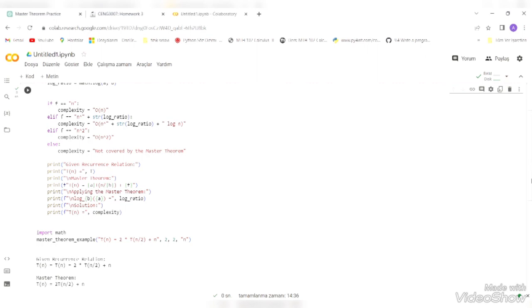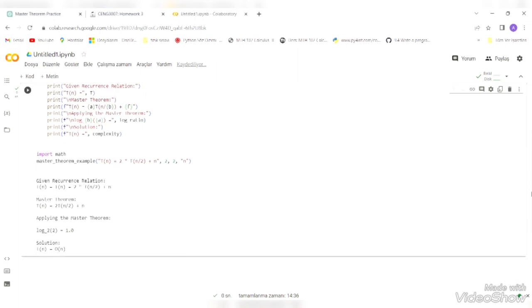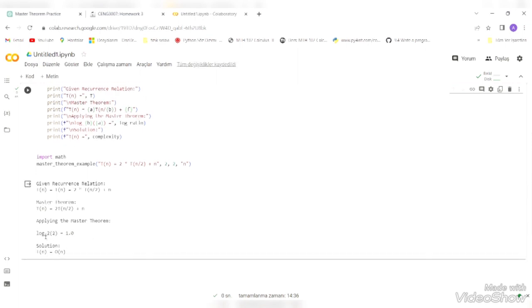Given the recurrence relation T(n) = 2T(n/2) + n, and applying the master theorem, log base 2 of 2 equals 1.0, so the solution is T(n) = O(n).